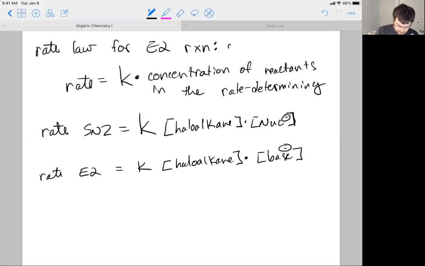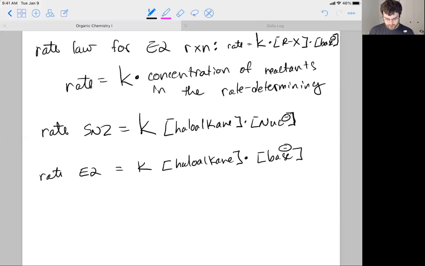I'll write this again up here: rate equals little k, the rate constant, times RX times base minus as concentrations, just so we have it in both places as you're reviewing your notes.